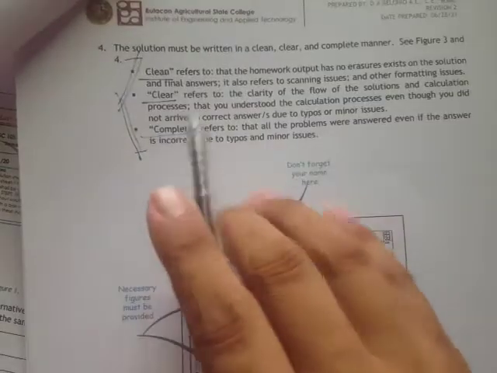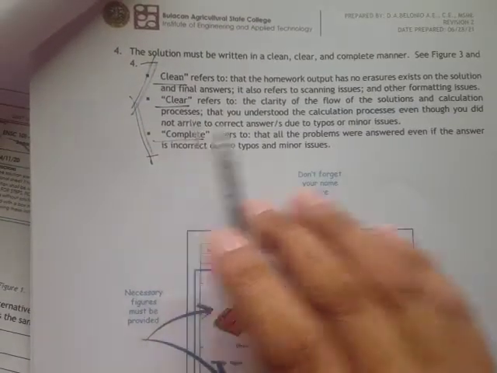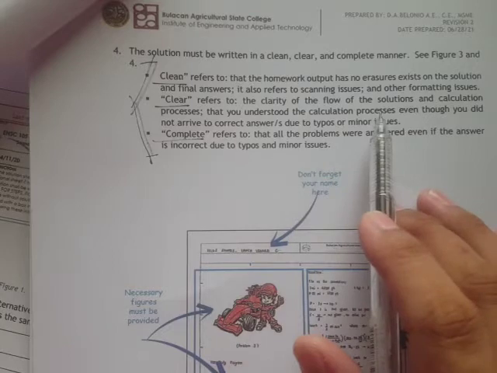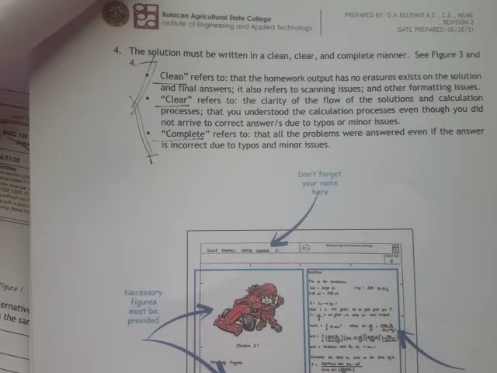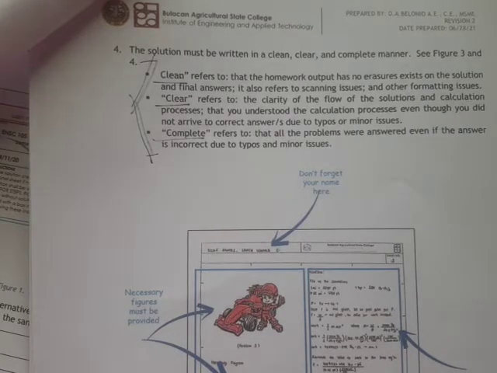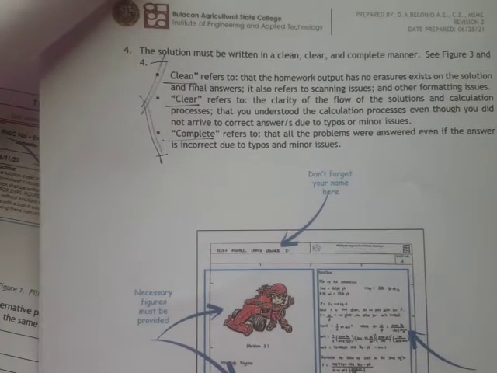Next is the clear. Clear refers to the clarity of the flow of the solutions and calculation process, so that you understood the calculation process even though you did not arrive at correct answers due to typos or minor issues.